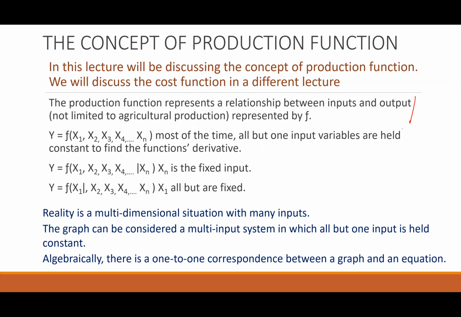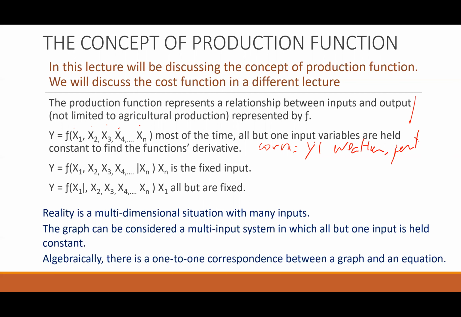The output, let's say to simplify corn, the production of corn is a function of a lot of variables that includes weather, fertilizer, rain, and so on. Those variables are represented by the axis here.